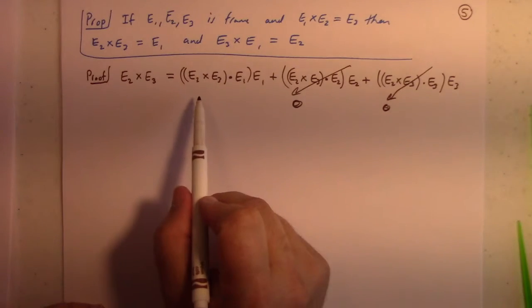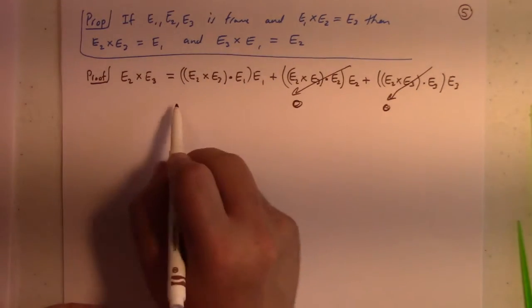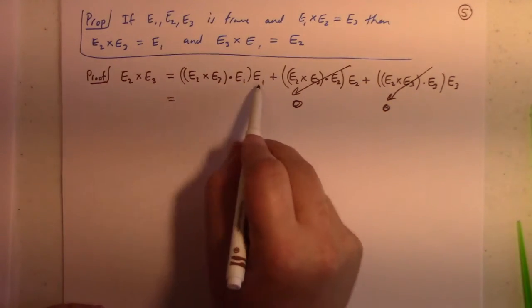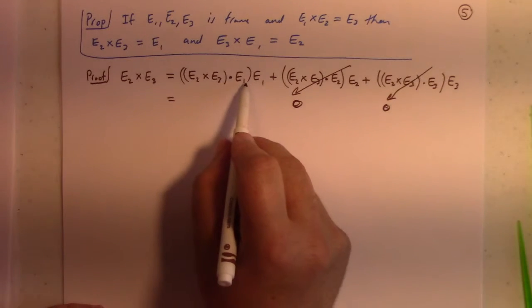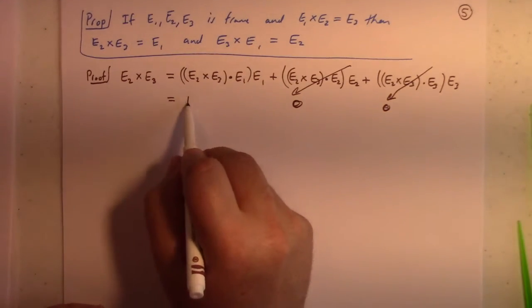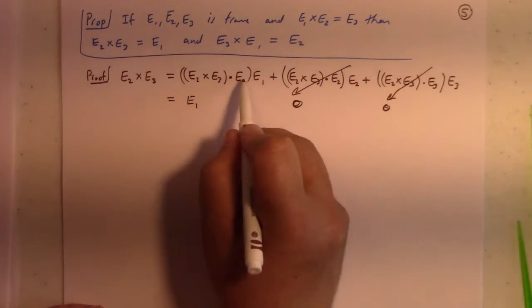What do we know? Well, we know that E1 cross E2 is E3, right? So we have to use the triple product identity. So we're allowed to permute these in cyclic order. So let's see here. This is the same as E1, just move things to the right, all right? So E1 cycles back.